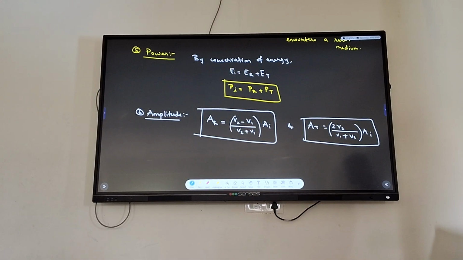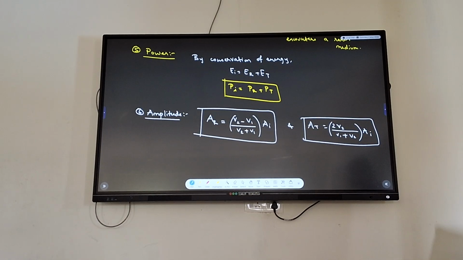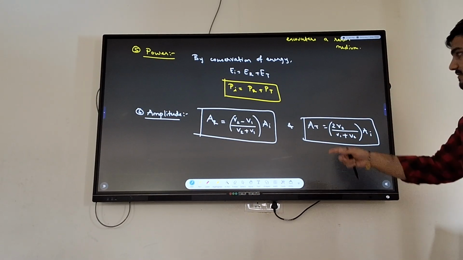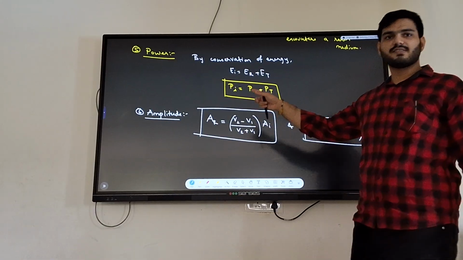If V1 is less than V2, then Ar and Ai have the same sign? Yes. If they have the same sign, that means what? Is there any phase change? No. There is no phase change. And V1 will be less than V2 in which case?